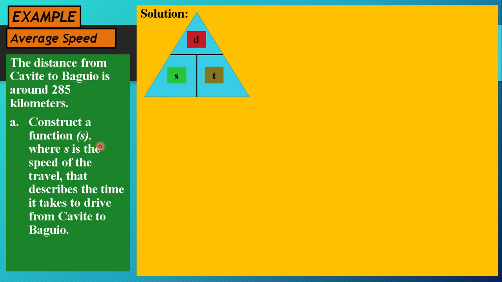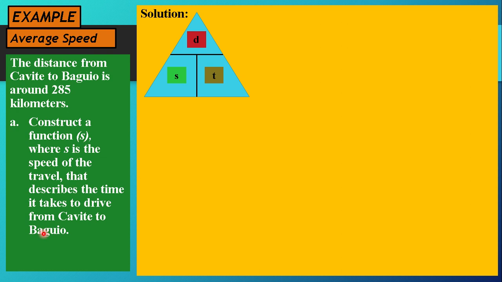So yung problem natin, pinapakonstruct tayo ng function na kung saan yung S ay yung speed or yung bilis ng biyahe that describes the time, yung oras, para makarating tayo sa Baguio, from Cavite to Baguio.